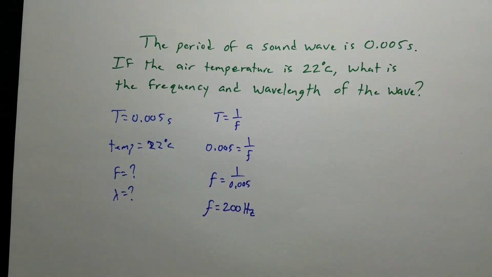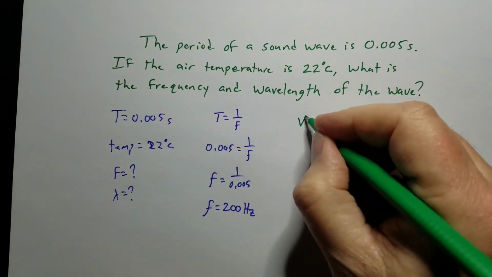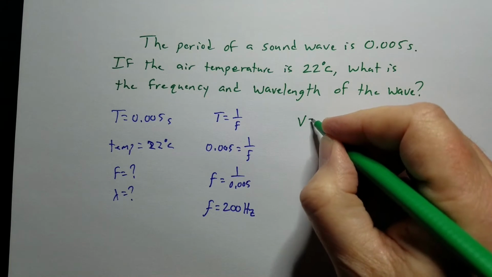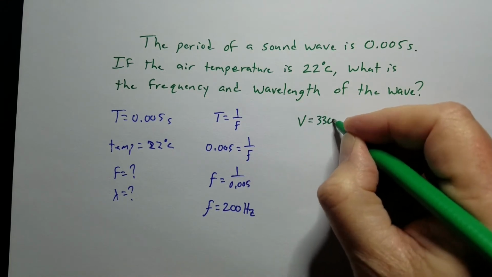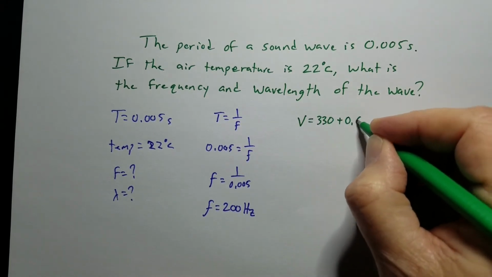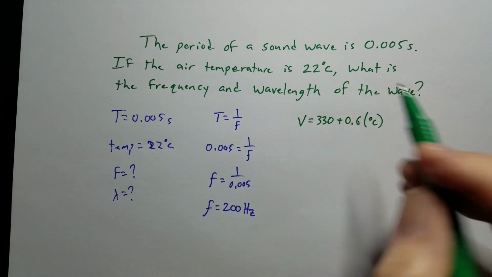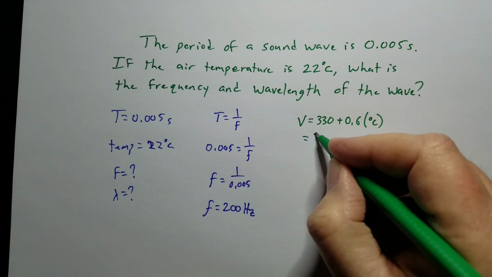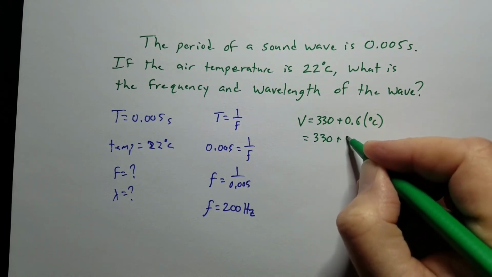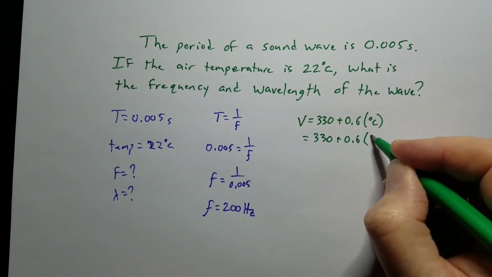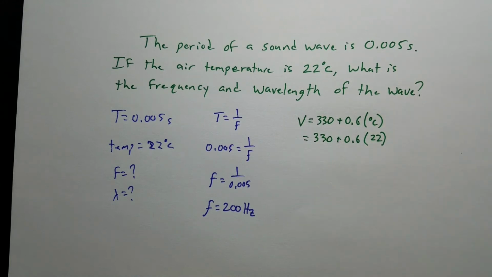Now that we got that, we can figure out the wavelength, because we have velocity equals 330 plus 0.6 times degrees Celsius, because we still have to deal with that temperature. So we got 330 plus 0.6 times 22 in this case.